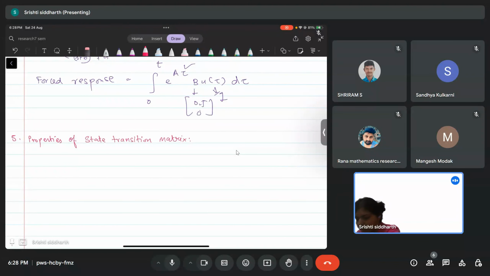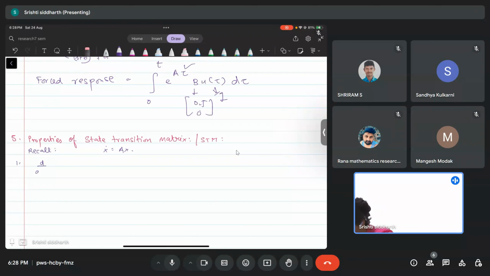Okay, so state transition matrix, or STM sometimes. So we have this system, and the state transition matrix has the following properties. This is just recalling the properties from the lecture.